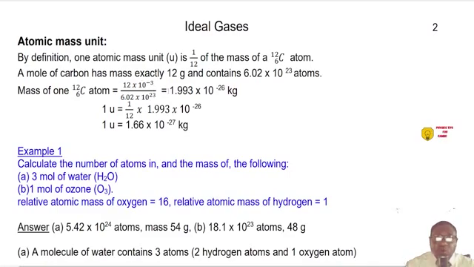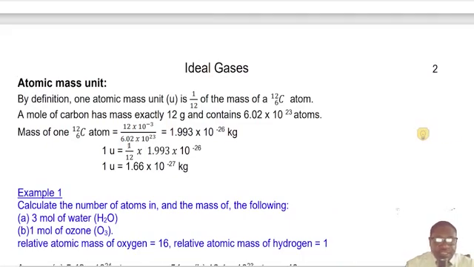That gives you 1.993 times 10 to the power of minus 26 kgs. So 1/12 of that would be 1 atomic mass unit, which is 1 U. So 1 U is 1 over 12 times 1.993 times 10 to the power of minus 26. If you do the maths there, you get 1 U equals 1.66 times 10 to the power of minus 27 kgs.